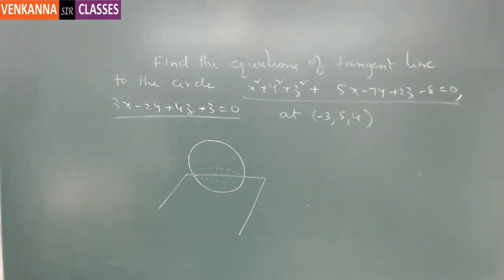Now, can you say that the given point minus 3, 5, 4 satisfies the sphere equation and also the plane equation? Can you check that the point satisfies the given sphere equation? Say.